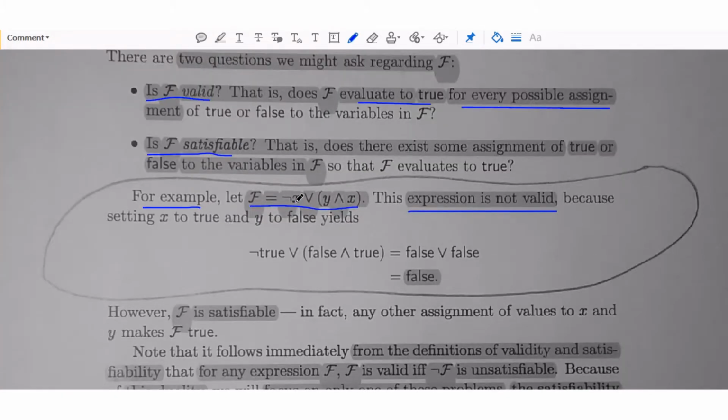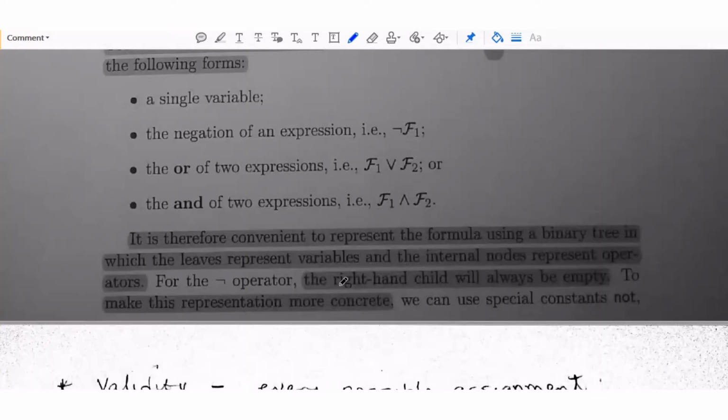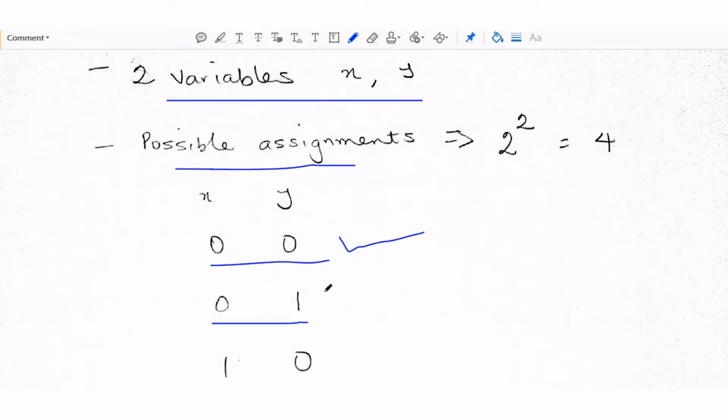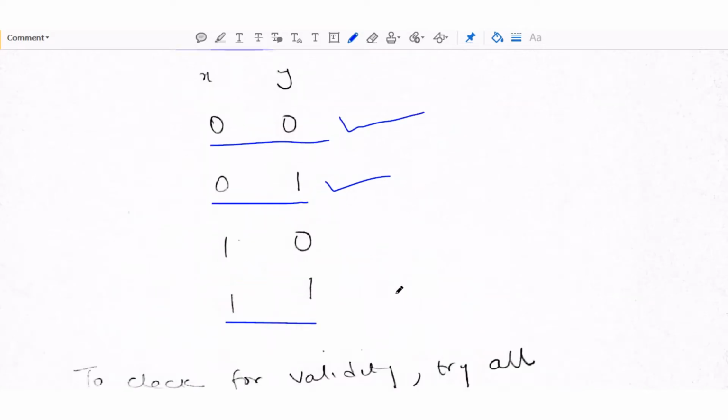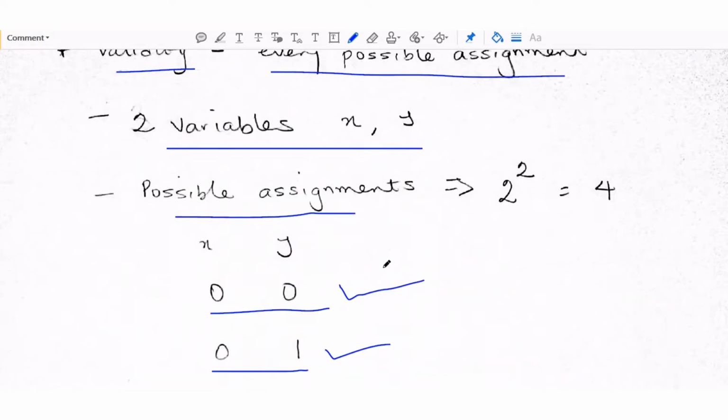When x is 0, not 0 gives us 1, and 1 and 0 gives us 0. So 0 or 1 gives us 1. So this also gives us true, so this is also satisfiable.